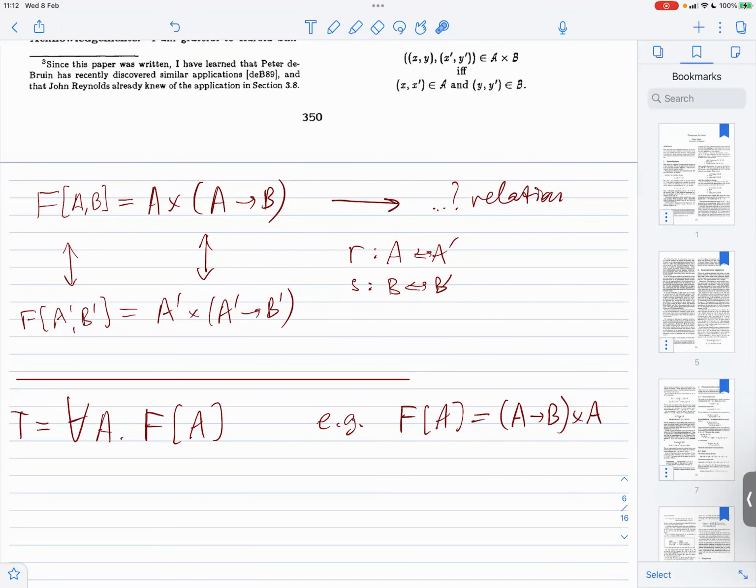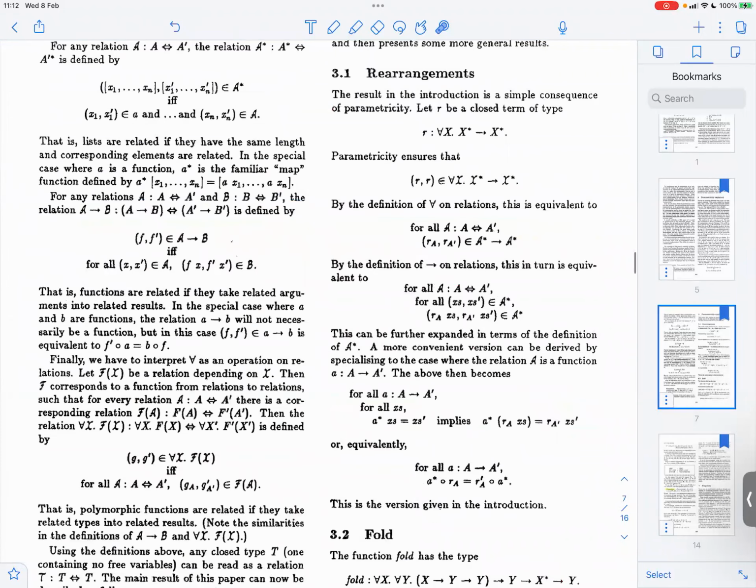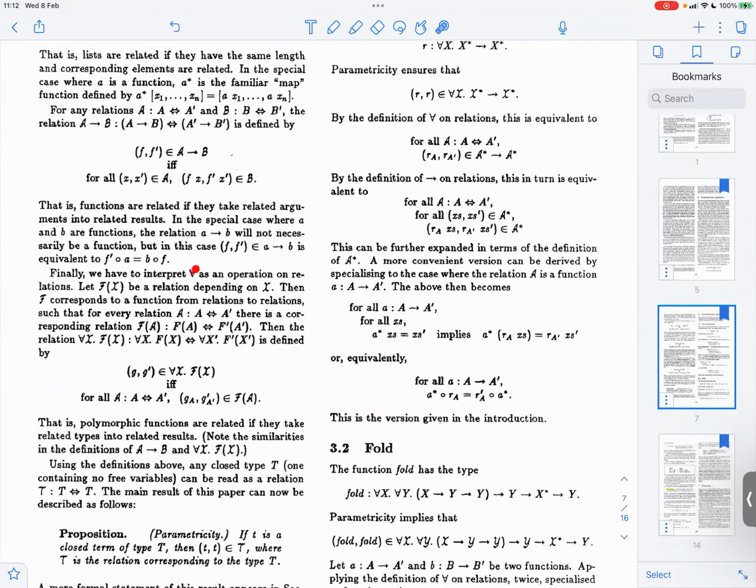And if you read what is written here, we have to interpret the universal quantifier as an operation on relations. No, that's not true. We have to translate the type expression such as for all a, f of a, into a relation. We don't have to interpret the universal quantifier as an operation on relations.